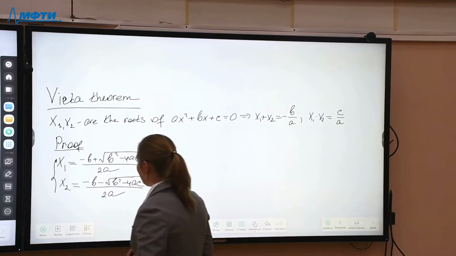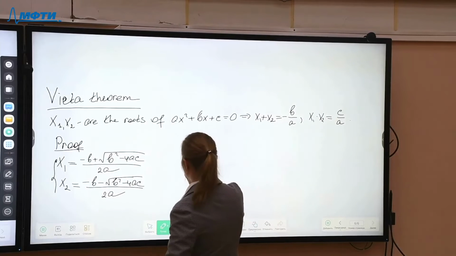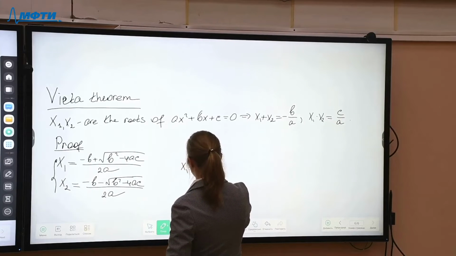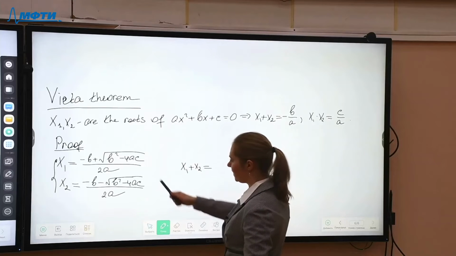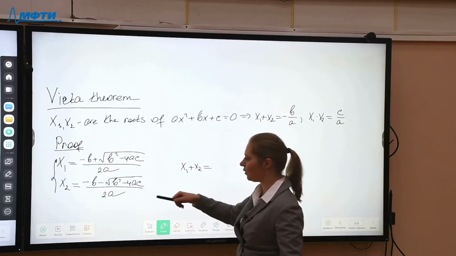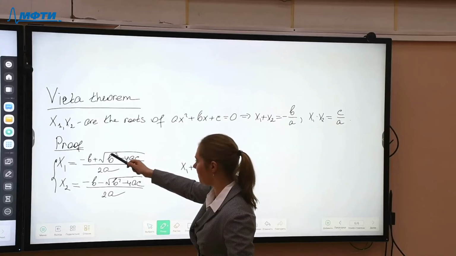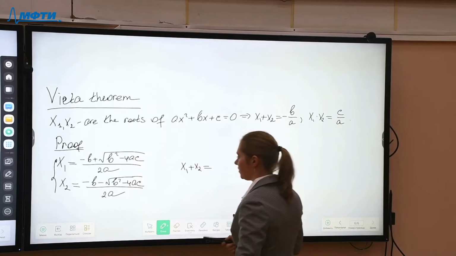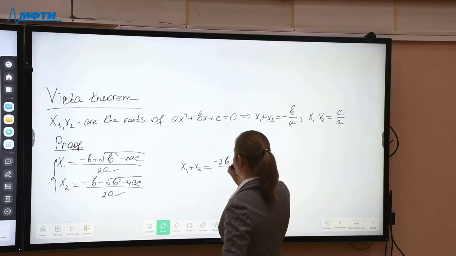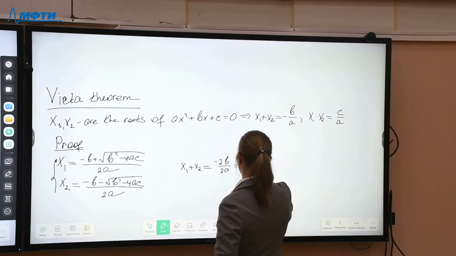So if we want to find the sum x1 plus x2, we'll notice that these square roots will cancel. So we have just minus b over 2a minus b over 2a. This is minus 2b over 2a or minus b over a.